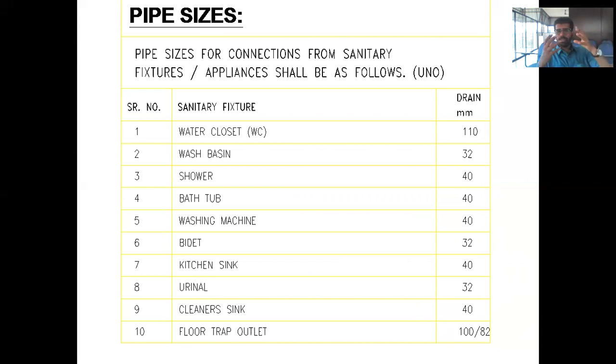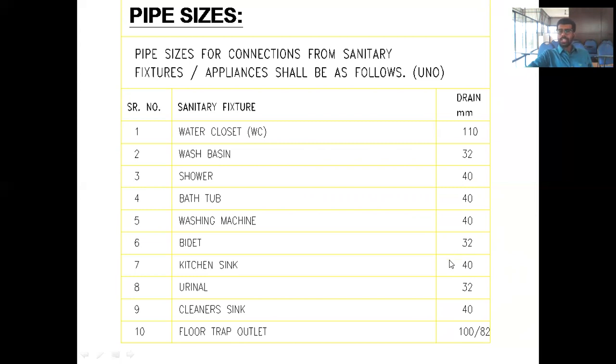32 is the minimum pipe diameter from each fixture, but still as a safety I used to give 50, though 32 might be enough. Shower 40, bathtub 40, washing machine 40, bidet 32, kitchen sink 40.